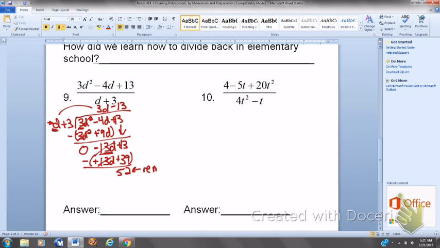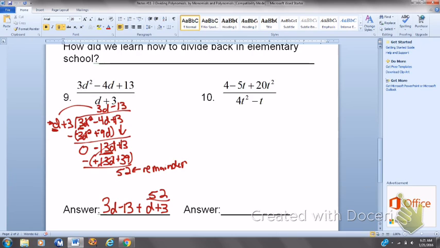That is our remainder. So our answer is 3d minus 13, and then it's plus your remainder over what we divided by, d plus 3. So it's really not that bad. You're going to have to be very careful when you multiply. It's really easy to mess these up.